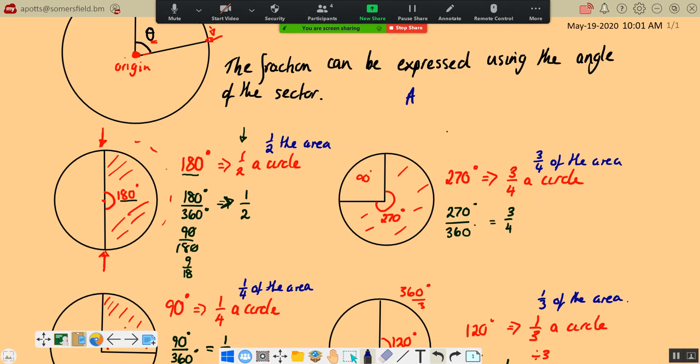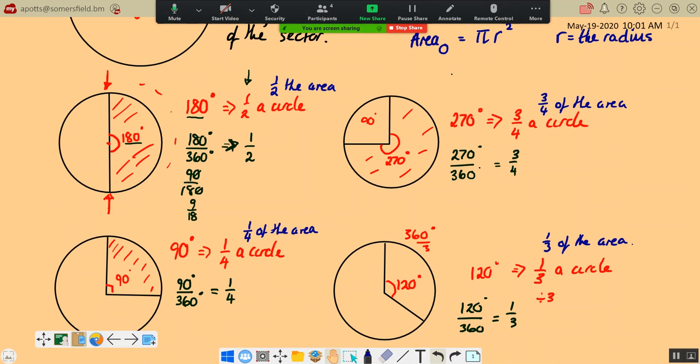Yes. So the area of a circle is equal to pi r squared, where r is what? The radius. Okay. So if I want to know the area of the sector of the circle, if I know the angle, I know the fraction of the circle I have, so I can just use that.